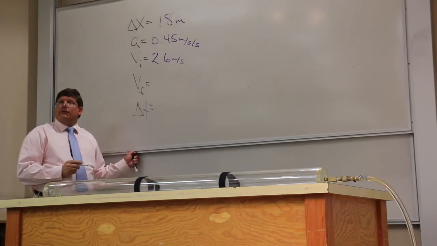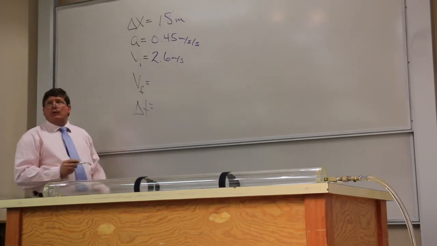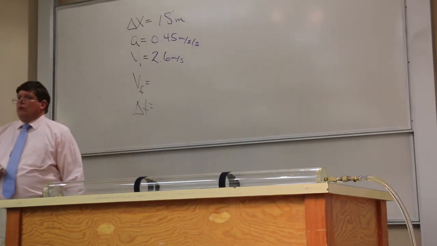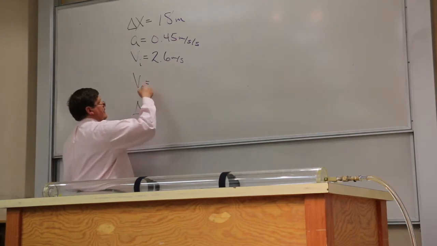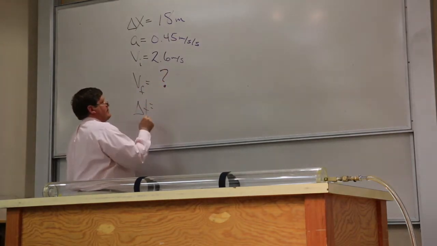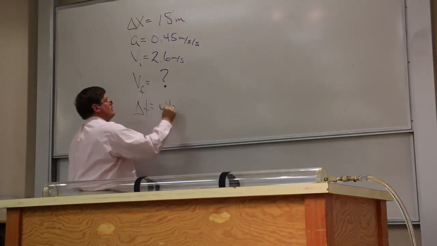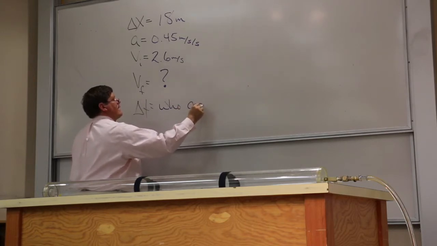Now, the next step of our recipe, we have 2 blanks. One of them worth $1 million and a houseboat, one of them worth nothing. In this case, we're asked for the final velocity. That makes the time interval the who cares.